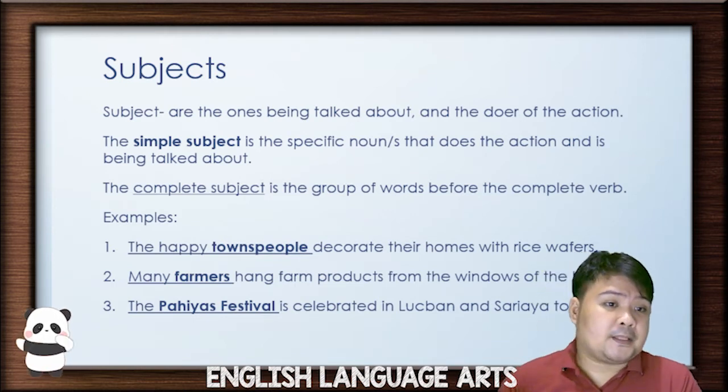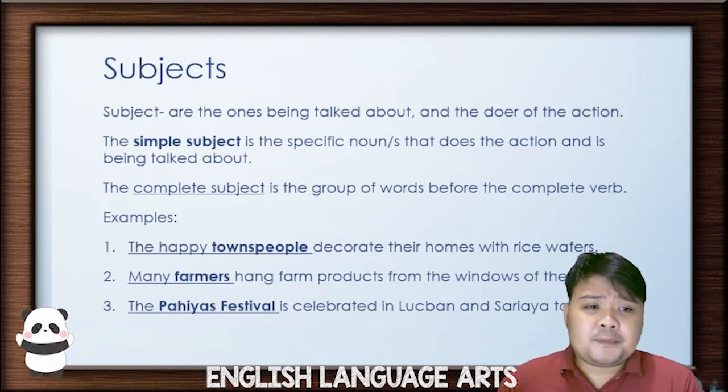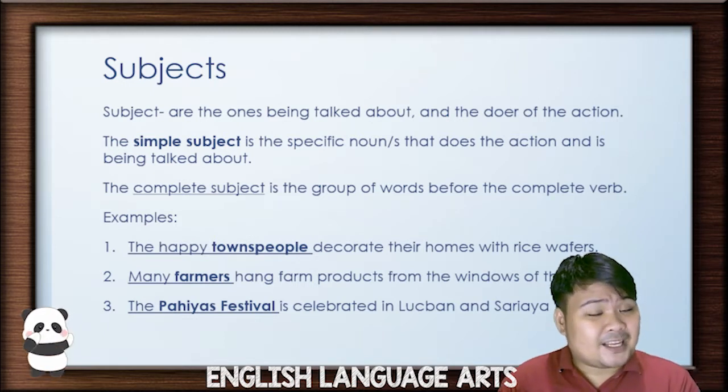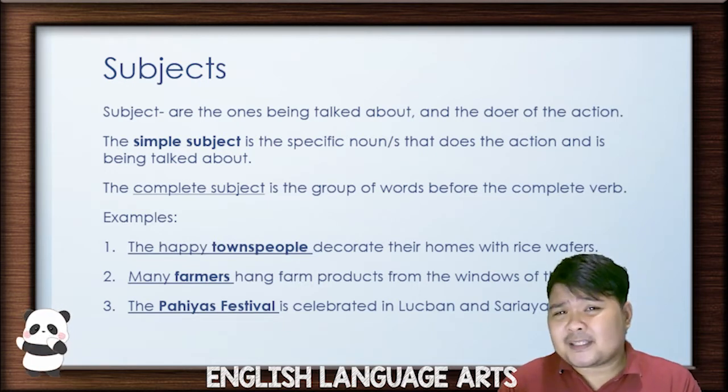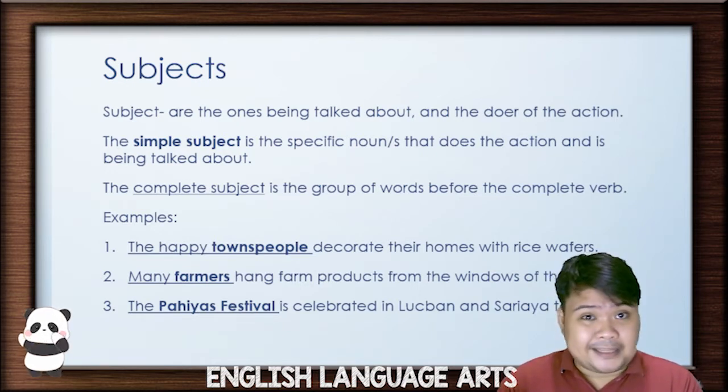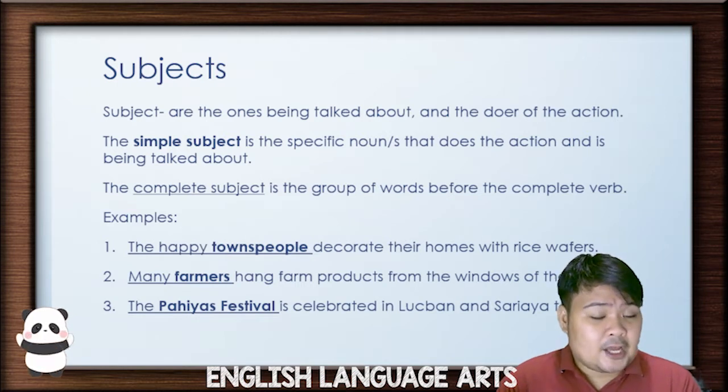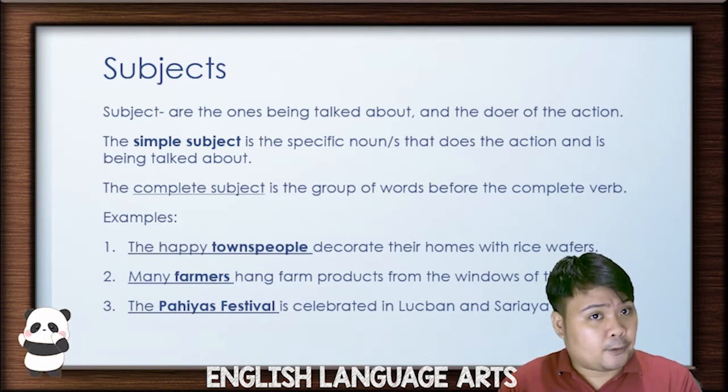Here, for example, in number one, the complete subject is the happy townspeople because it comes before the verb decorate. But since we're talking about nouns used as subjects, you're only referring to the simple subject, which specifically points to the word townspeople.